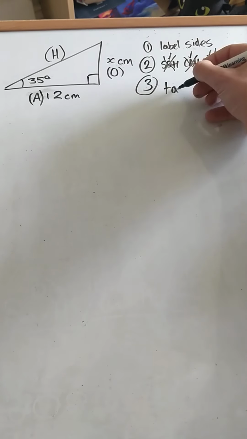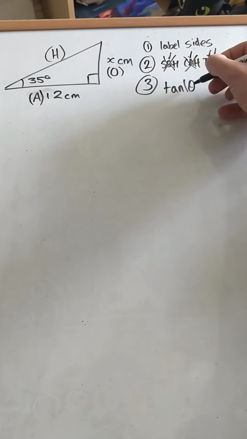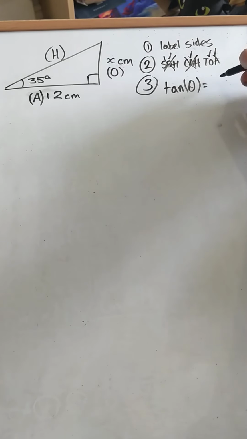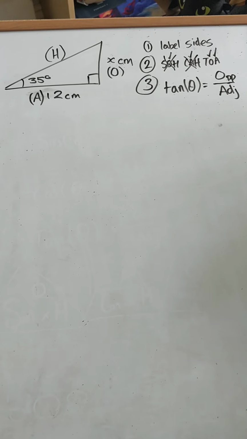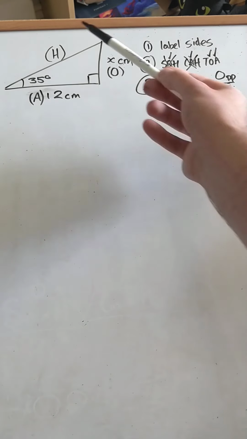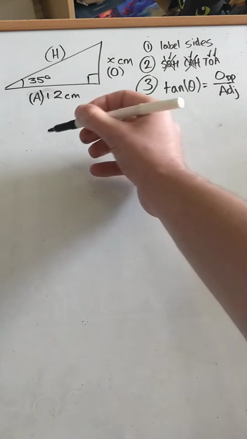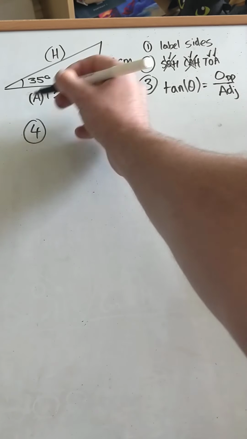And that is tan of my angle is equal to the opposite over adjacent. Okay, so that is the ratio I'm going to be using for this one. After I've got that, I can then plug in the information that I've got, and that is step number 4.